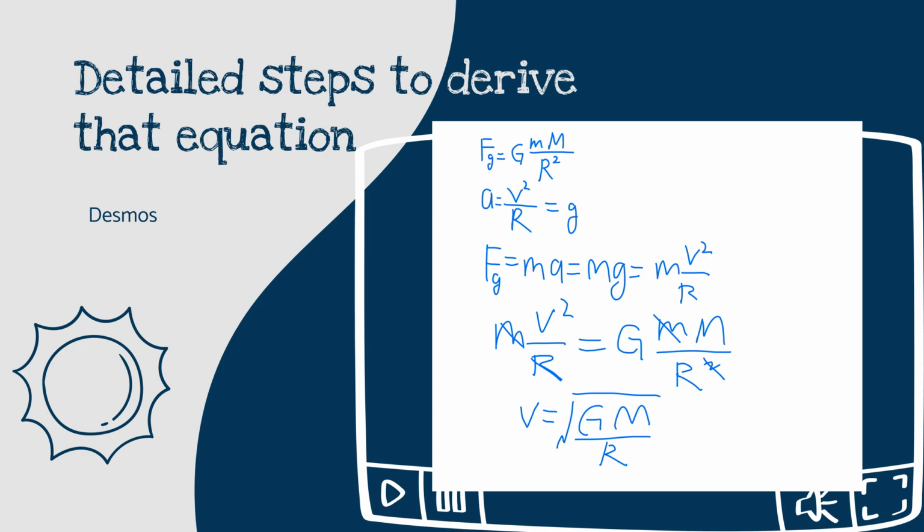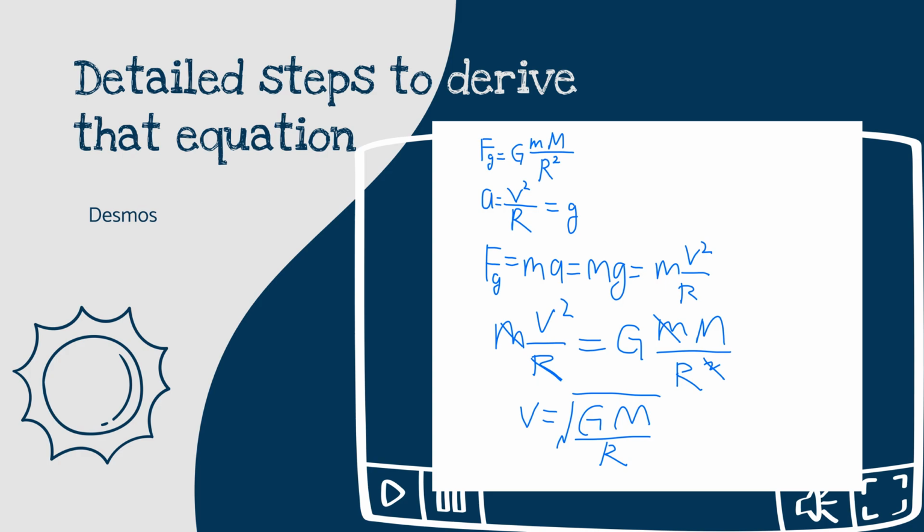We also know that one way to calculate the force of gravitation is m times g, while the other way to interpret the force of gravitation is that we can use Newton's second law, because the unbalanced force, in our case the gravitational force, is equal to the mass times acceleration.